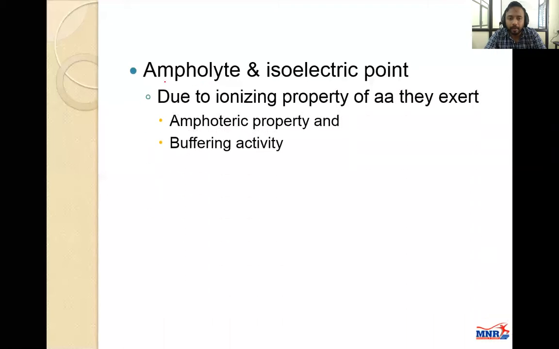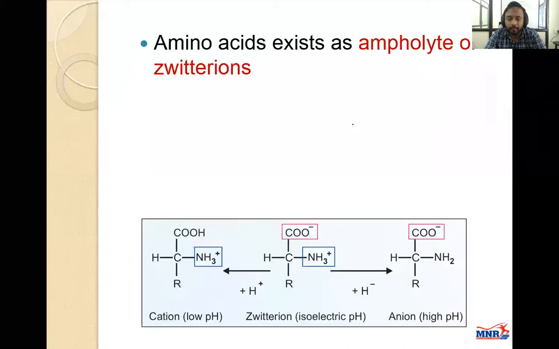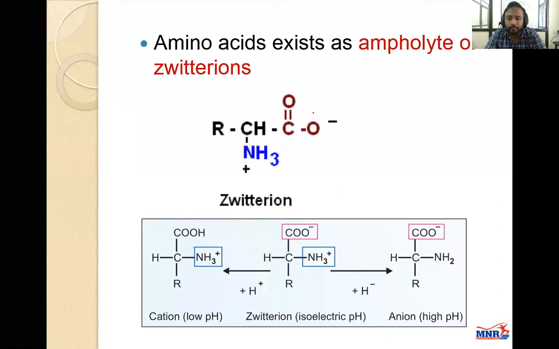Ampholyte and isoelectric pH. How this occurs is, normally amino acids have ionizing property. Like for example, if you see in the structure, you have the carboxy group, it can ionize, it can bind to H or it can dissociate the H. The NH2 can add to become NH3 plus.